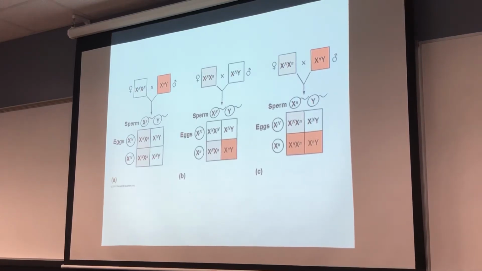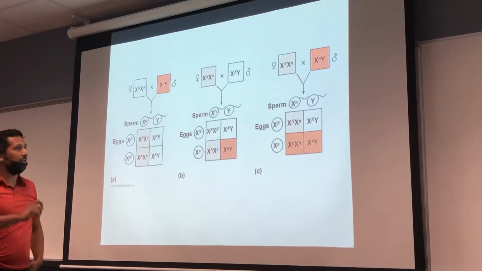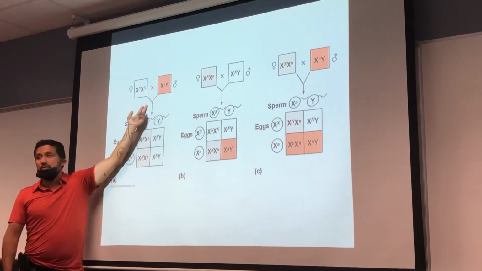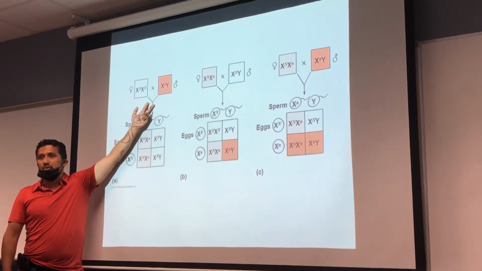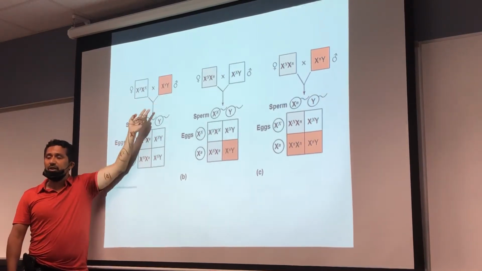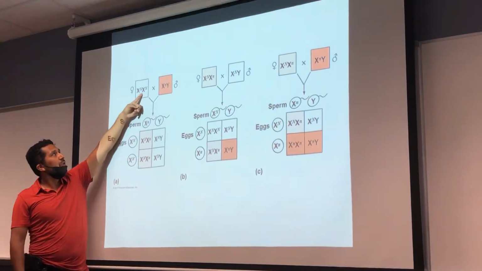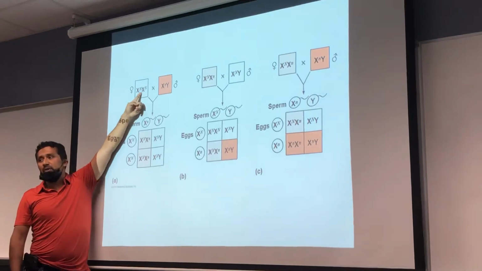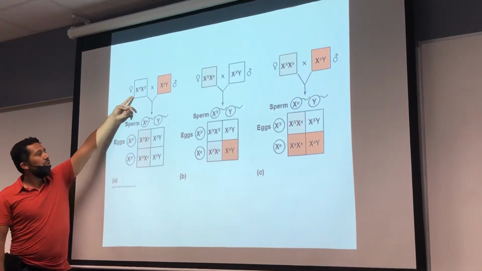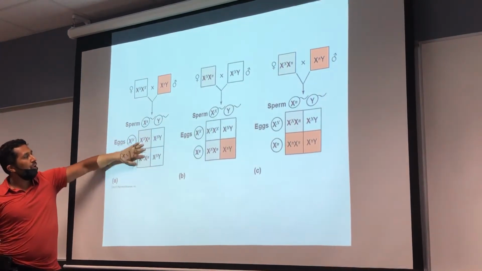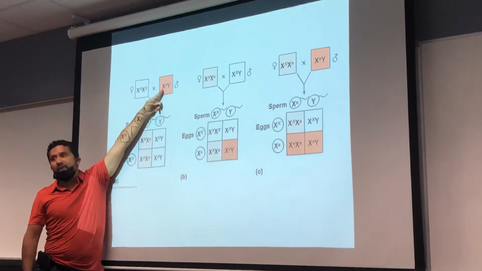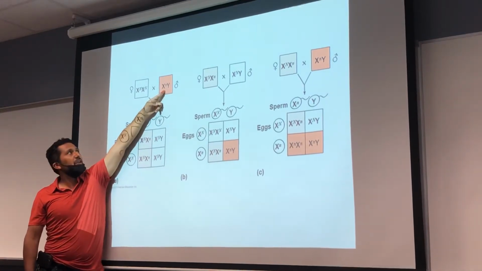Right, so going back to that, how can the females get affected? Well, it depends on the genetic makeup of the parents, right? What they have in their genetic makeup is what they're going to give to their offspring. So you have here this mom who is wild type for both alleles, right? And this dad who is affected, the X has a recessive allele.